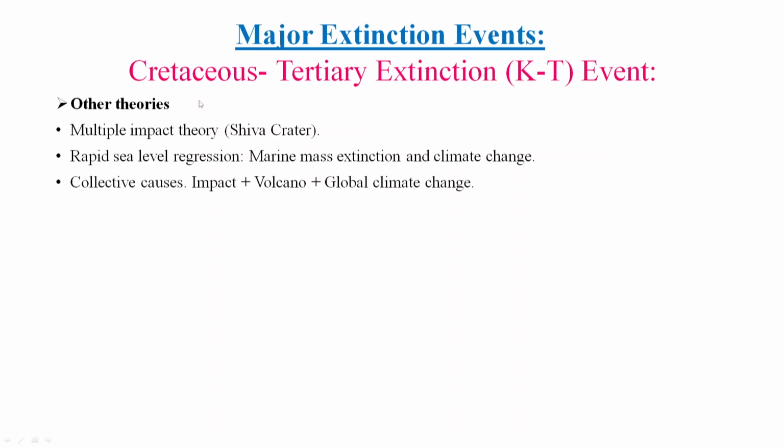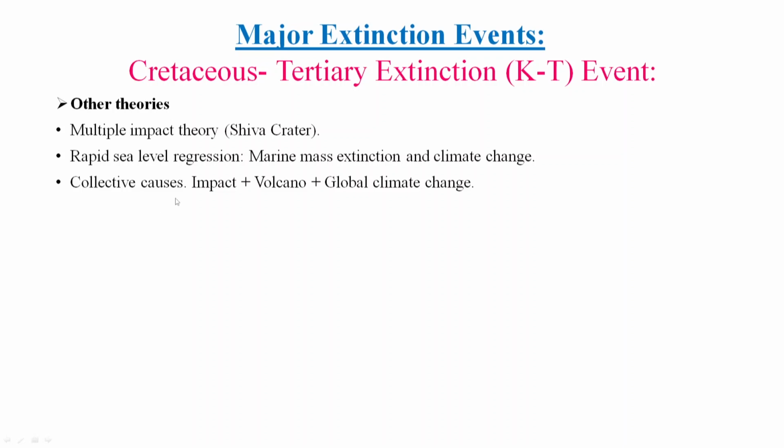And then there are other theories which are considered to be associated with these. The multiple impact theory: there is again the report of a large crater in the offshore regions of the Arabian Sea, that is, offshore from the western coast of India. Also rapid sea level regression, marine mass extinction and climate changes.